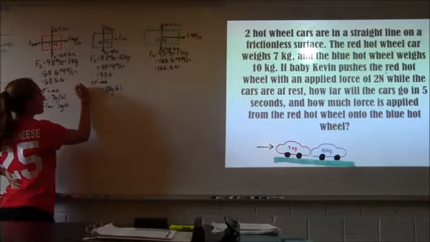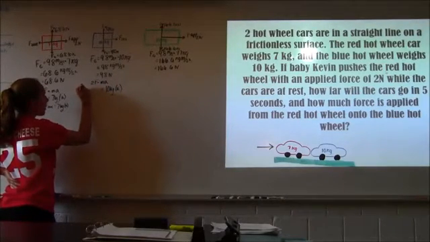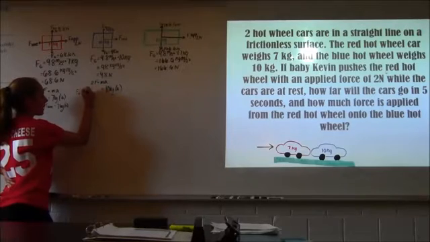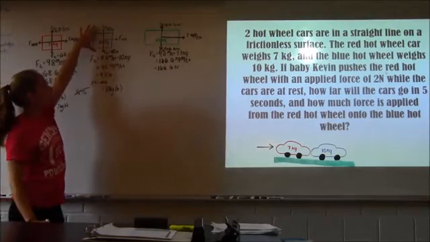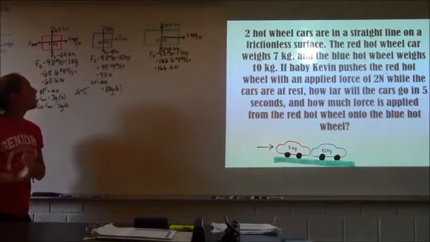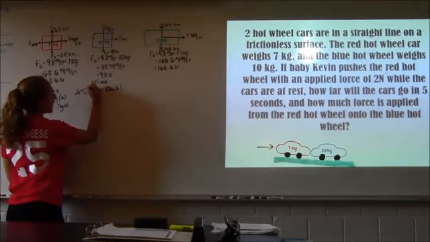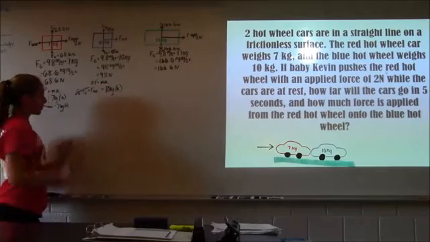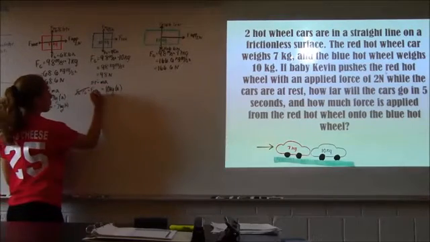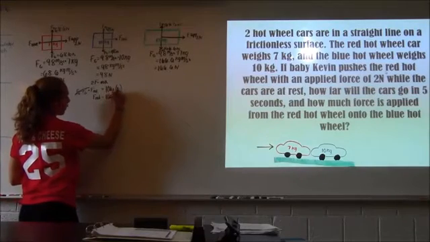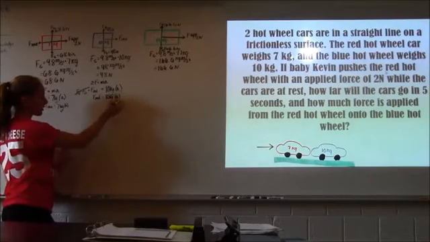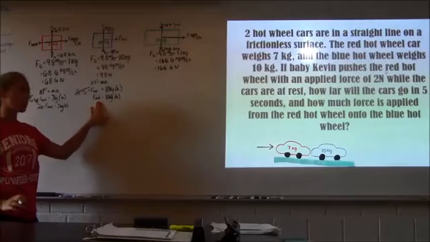In this case, the normal force minus the gravitational force would still cancel out because they're the same value. So that leaves us with the force of the red car on the blue, which we don't know.